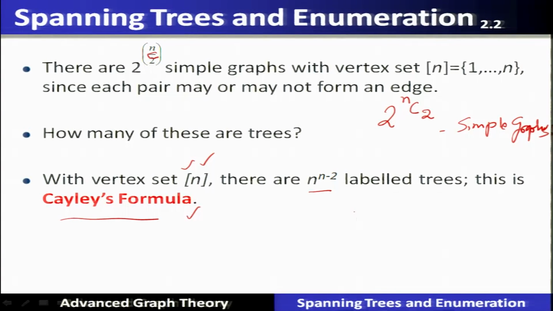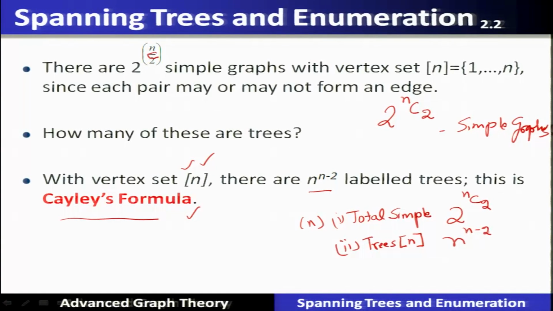So, the total number of possible simple graphs on n vertices is 2 raised to the power nC2, and out of these graphs, the number of different labeled trees with vertices labeled 1 to n is n raised to the power n minus 2, given by Cayley's formula.